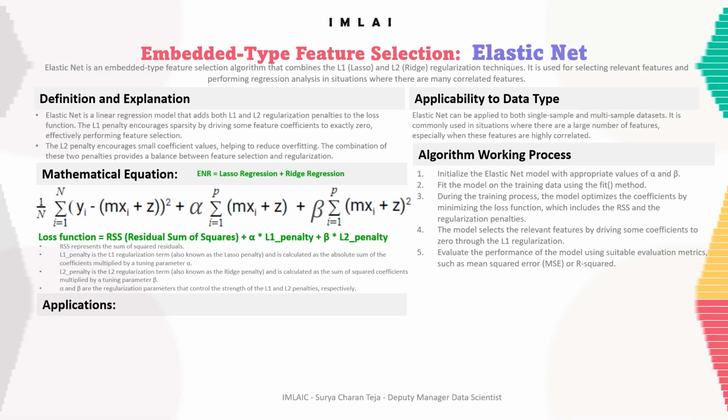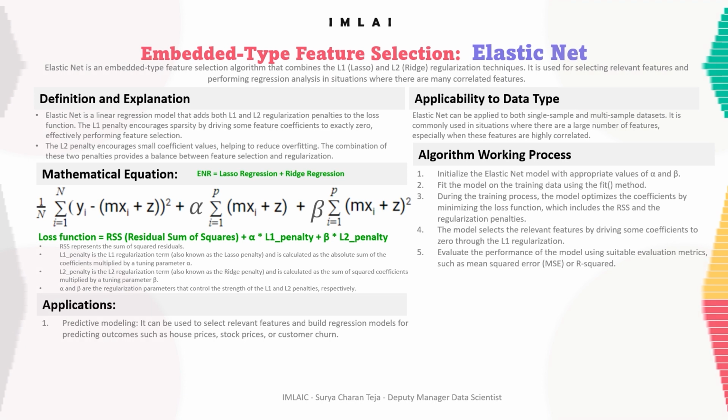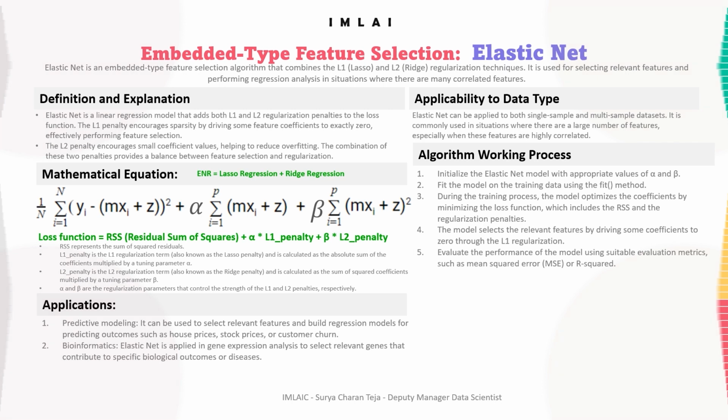Then we have bioinformatics. Elastic net is applied in gene expression analysis to select relevant genes that contribute to specific biological outcomes or diseases. Then image analysis: it can be used for feature selection and classification tasks in computer vision applications too.